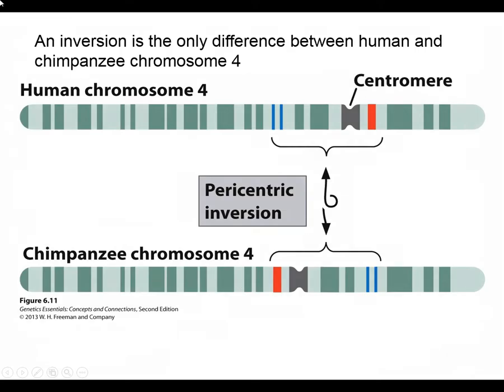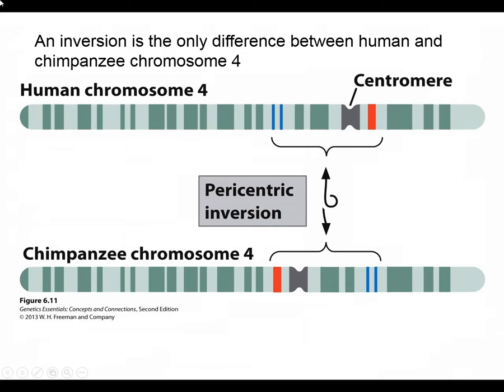Now, interestingly, inversions have been important in evolution, those that don't cause major fertility problems, because when we compare species, for example, they picked chimpanzee and human, two closely related species, and they gave a specific example, chromosome 4, although you can find lots of examples with all the other chromosomes.